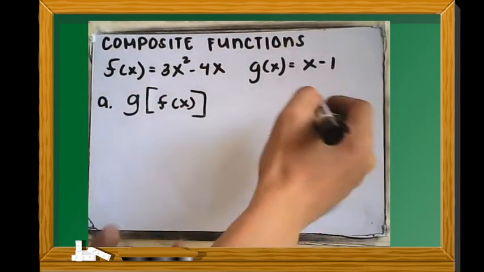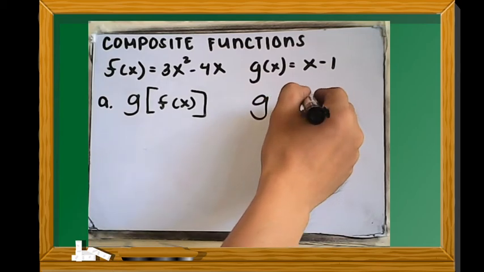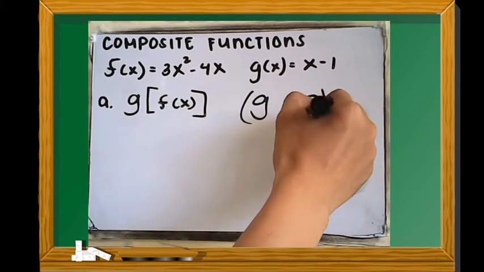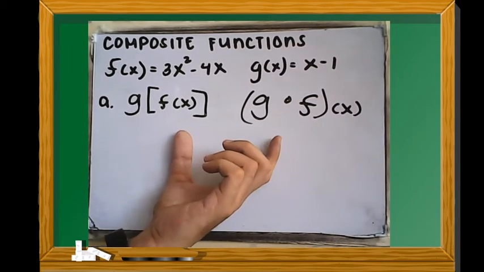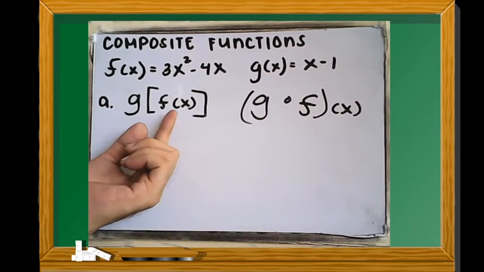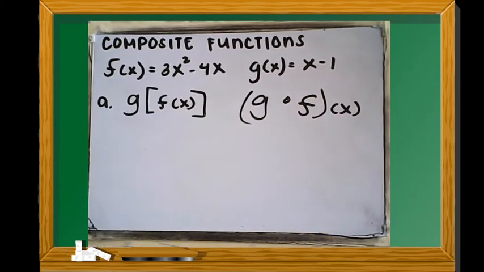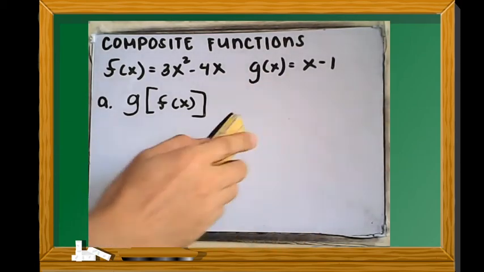Again, this is the same with g composed with f of x. So they are just the same. Para mas madali niyo matandaan, g, f, x. Magkakasunod lang sila. So dito, g, f, x. So mas sinusunod lang natin to para mas makita natin yung format o yung pagkakasunod-sunod ng solution.